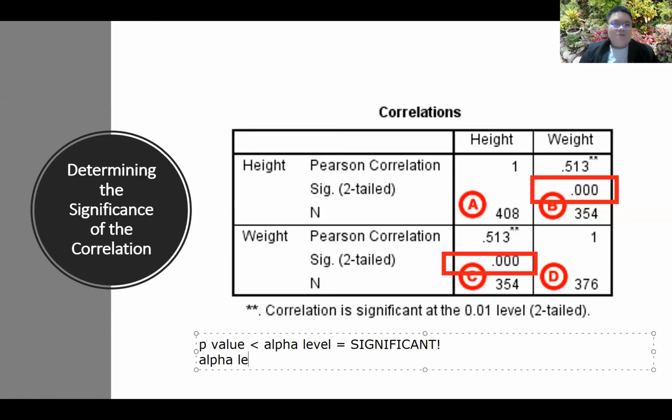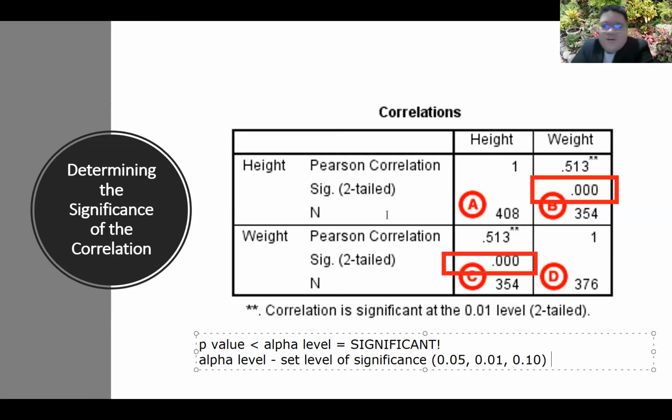Let us first define what the alpha level is. Your alpha level is your set level of significance. In studies, it is usually set at 0.05 for social studies, 0.01 for health studies and pharmaceutical studies, and then there is also 0.10, for studies in which some margin of error is tolerable.